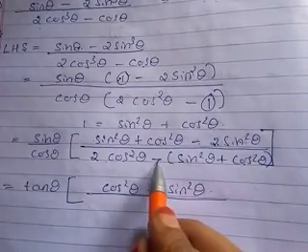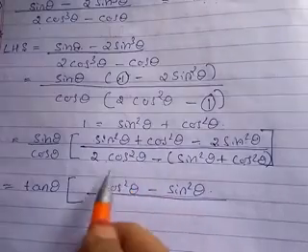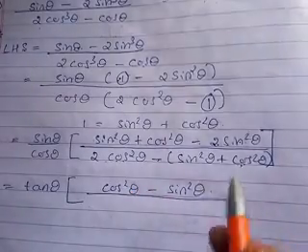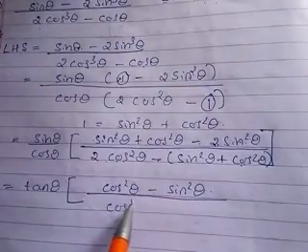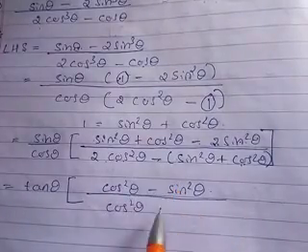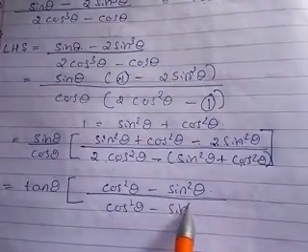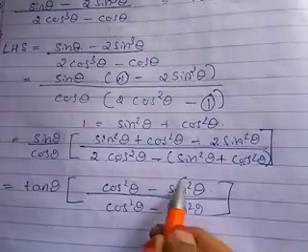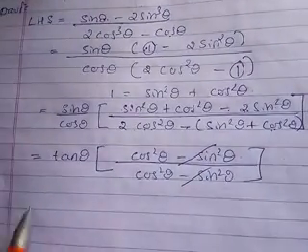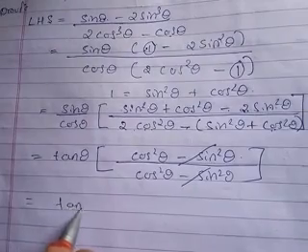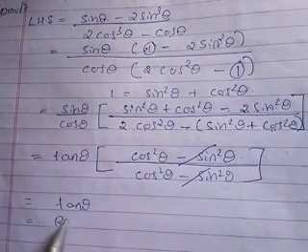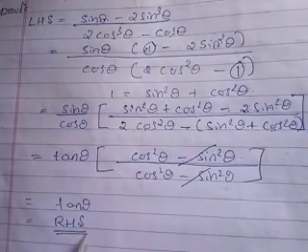Outside the bracket minus is there. 2 cos square theta minus cos square theta is cos square theta minus sin square theta. Cancel. Tan theta equal to RHS.